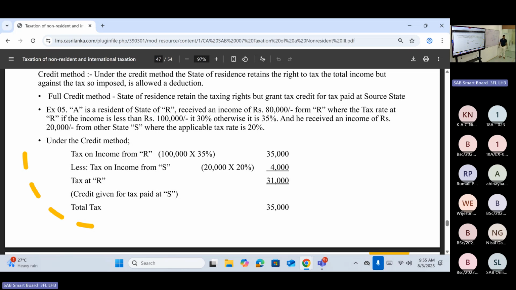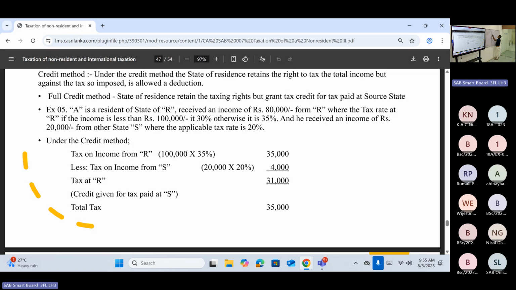In country R he is receiving 80,000. In country S he is receiving 20,000.